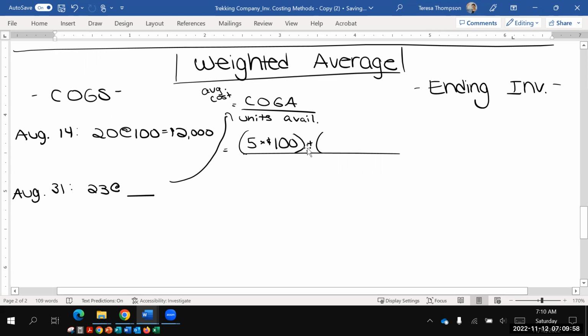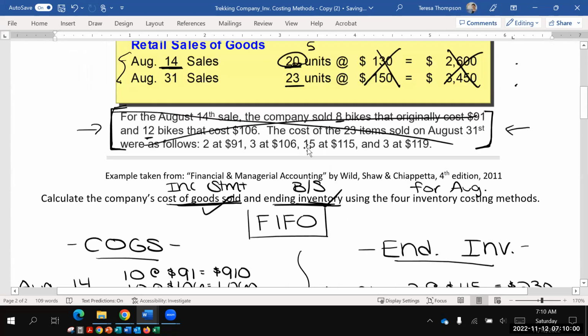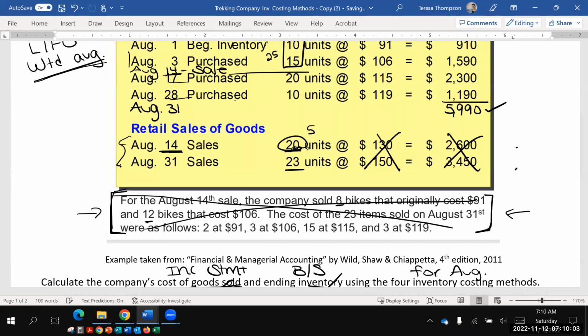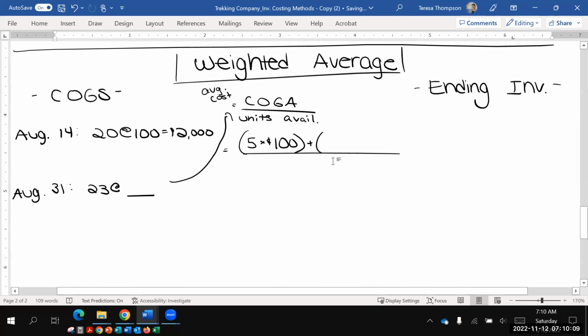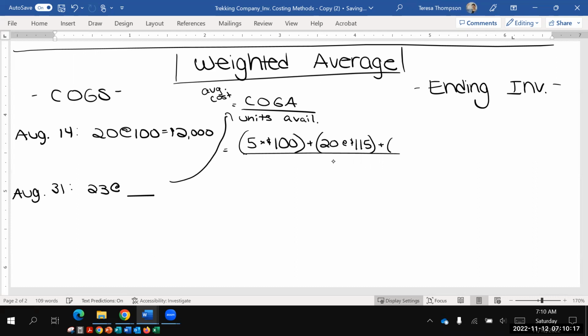Now add your other 2 purchase dates, from the 17th and the 28th. 20 units at 115, 10 at 119. Bring down your units: 5 plus 20 plus 10.